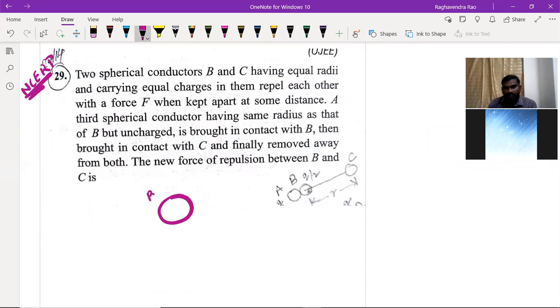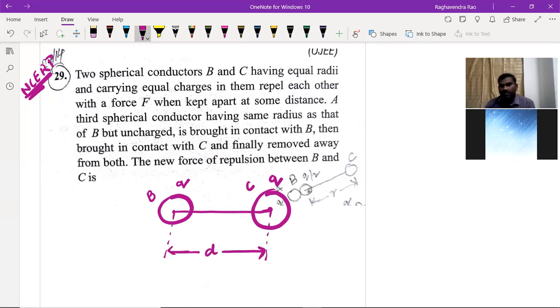This is B carrying charge Q and this is C carrying charge Q. Now these two are separated by distance d, for example.